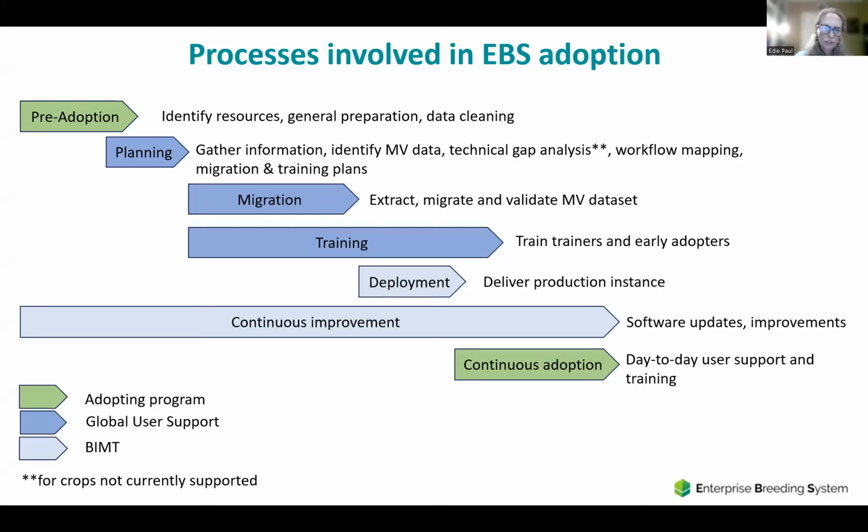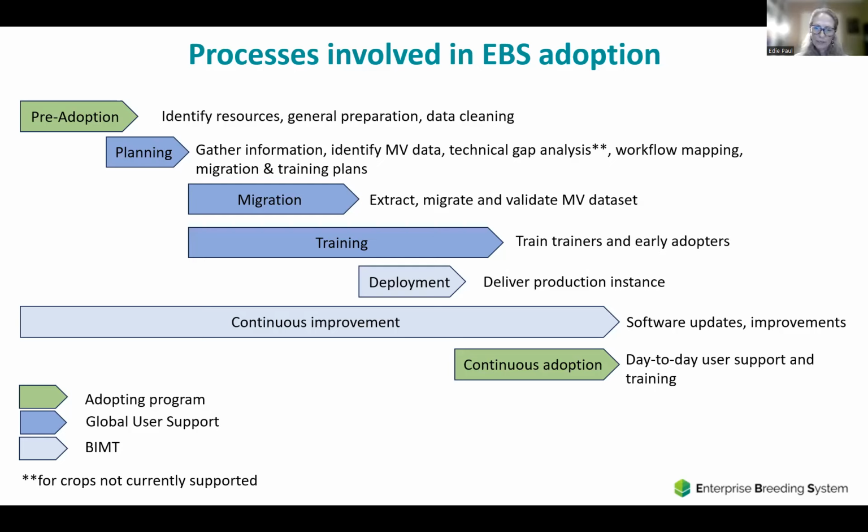Once the migration plan is defined, we can start the migration process, which is really extracting the data, migrating it, and then validating it for this target data set. And again, this needs several people from the breeding team to be involved, especially for validating the migrated data.